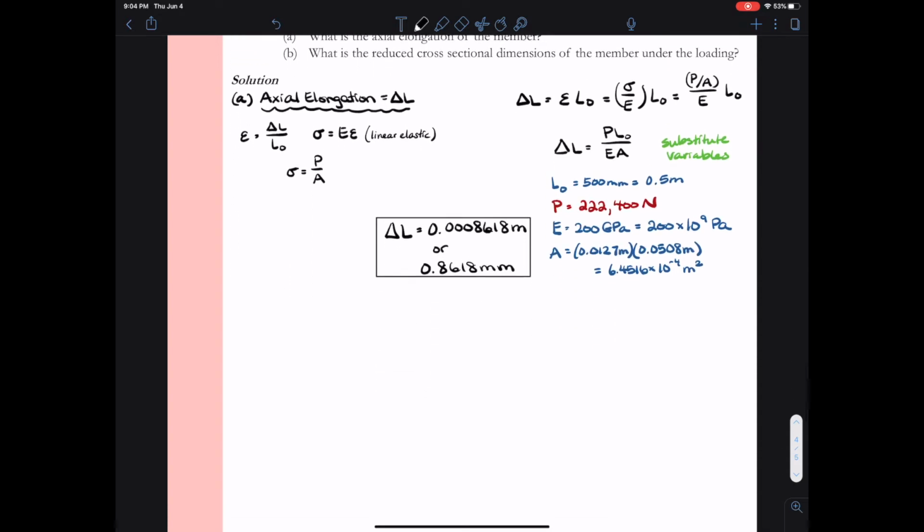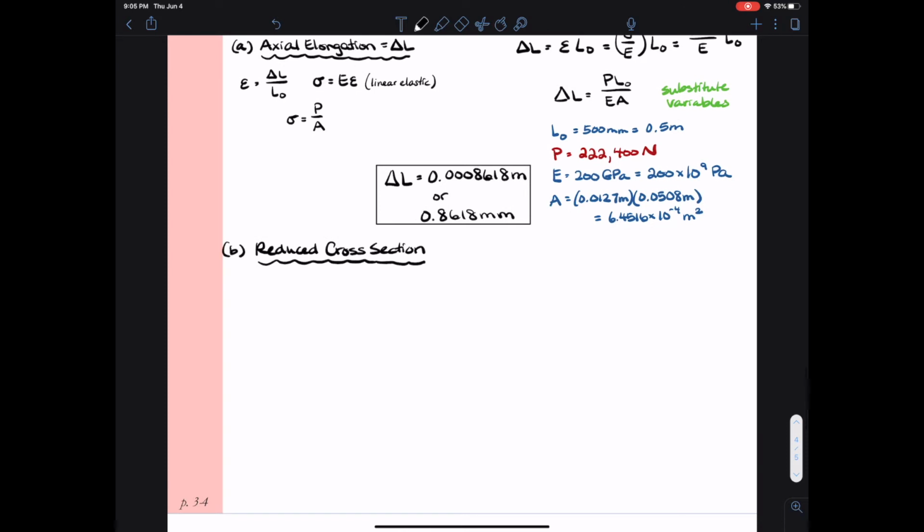So remember, as we stretch this rectangular member, we're going to expect that the cross-section is going to shrink in a little bit, right? So as I apply tension in the longitudinal direction, in the lateral direction, I would expect my rectangle to shrink a bit.